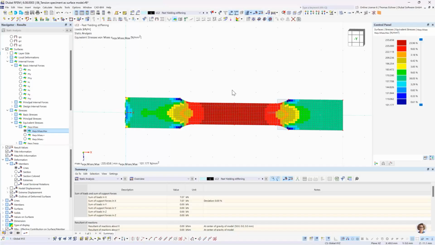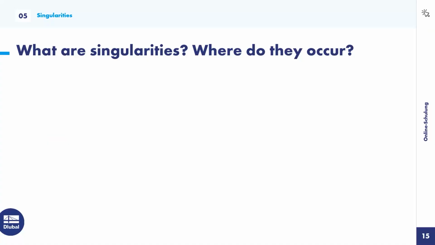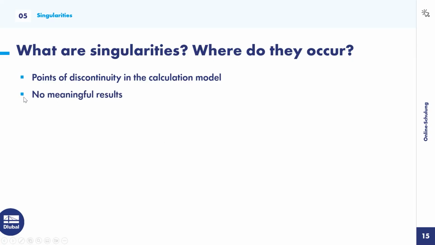And now we can get to our last part of the day. And this will be our singularities. So let's go into PowerPoint again. Singularities, well, what are these and where do they occur? First, they occur at points of discontinuity in the calculation model. The problem is they deliver no meaningful results.